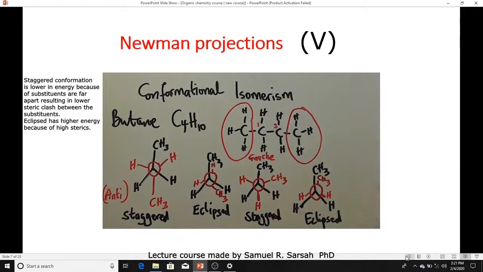So usually the anti will have a lower energy than the gauche.